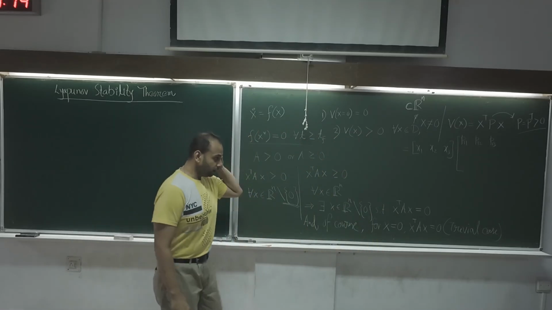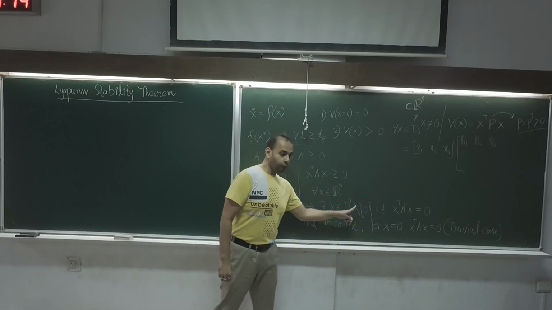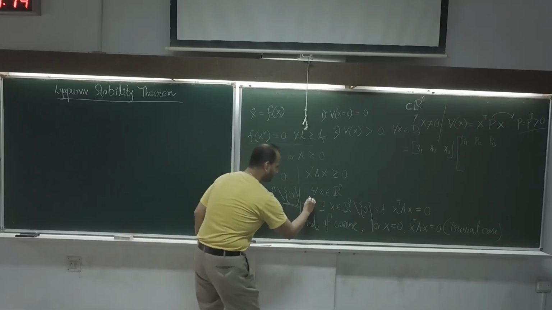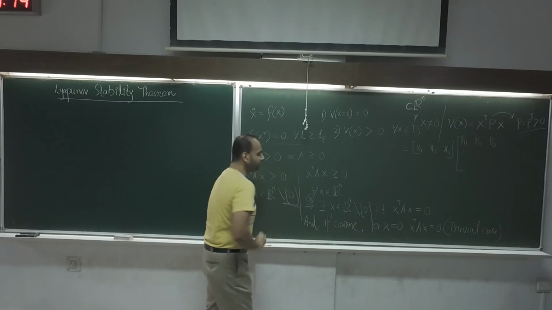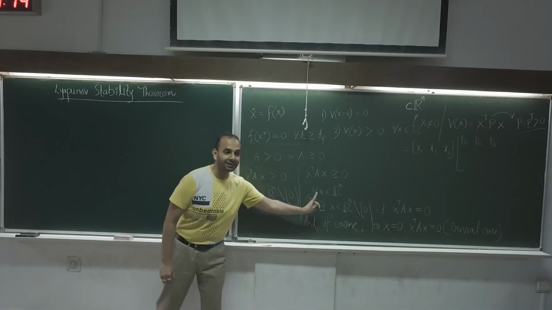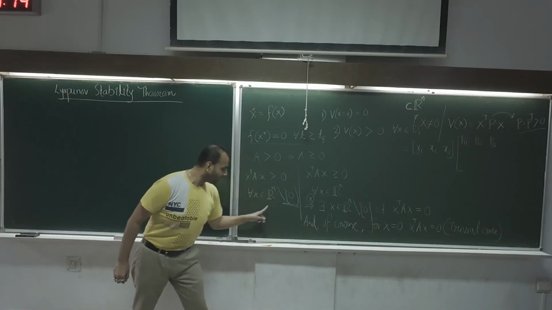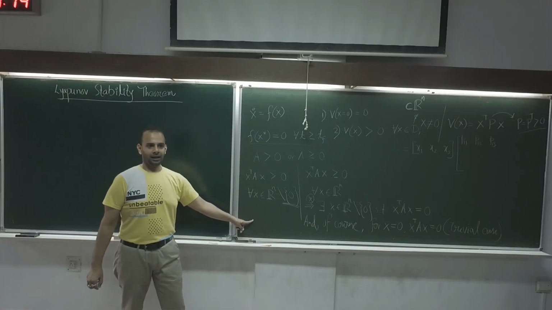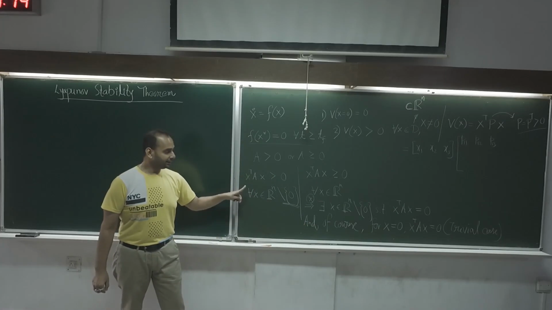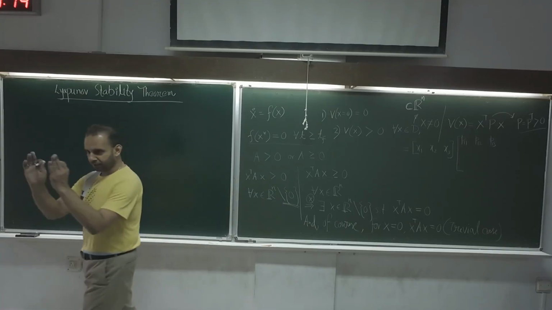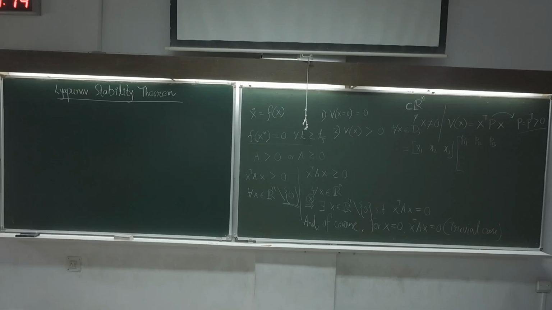Everyone must be careful about these two. And this one, the first one, is the main difference between a positive definite matrix and a semi-definite matrix. The trivial case will come here as well. And that is the reason why in the definition of positive definite, we have to exclude the origin, I mean the null vector.